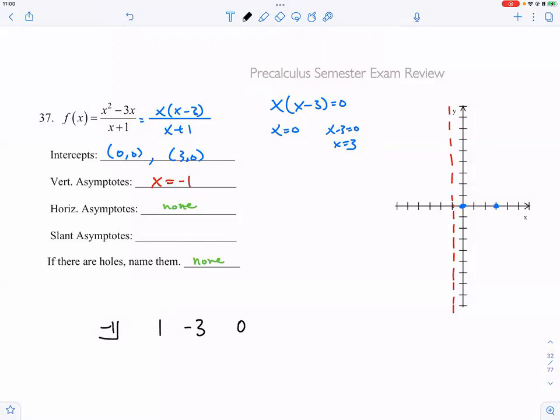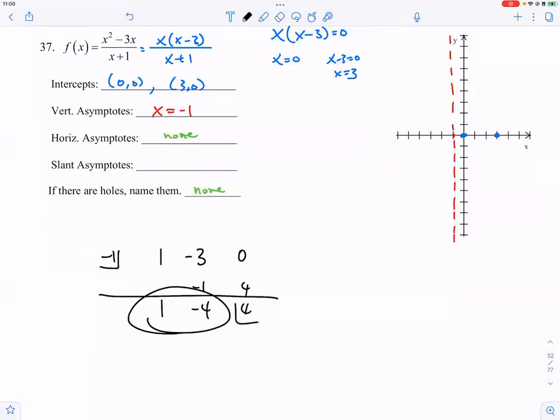And then you do x equals -1. So you would just go ahead and do the synthetic division like this. We do not care about the remainder. We only care about these two numbers, which gives us x minus 4. Y equals x minus 4, that is the slant asymptote.